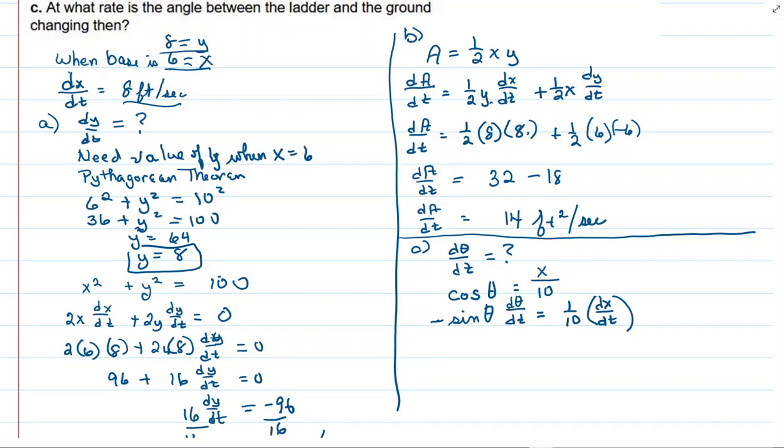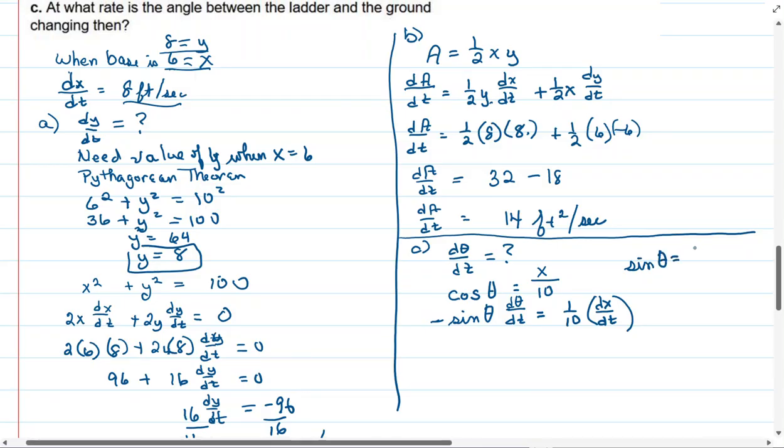Okay. Now I'm going to do the substitution. So I want sine of theta. Sine is opposite, which we said was 8, over hypotenuse, 10. And that's going to give me 4/5.